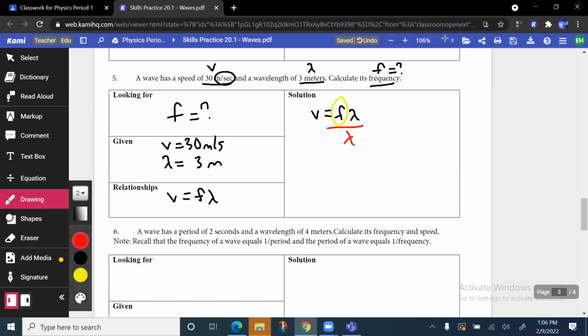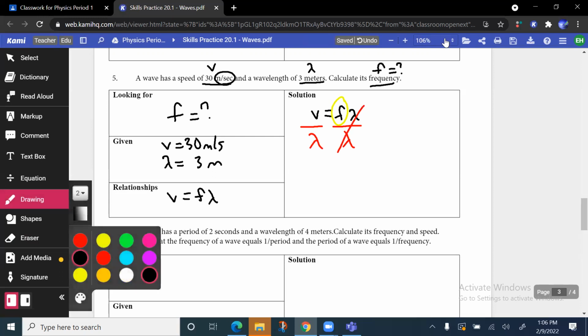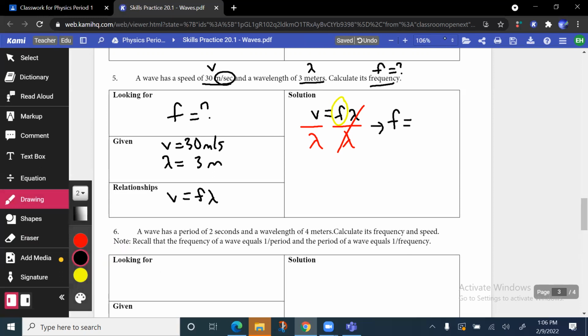This can be done by dividing both sides by lambda. And frequency would be the wave speed over the wavelength. So frequency is going to be equal to 30 meters per second over 3 meters, which would be 10 hertz or 10 cycles per second.